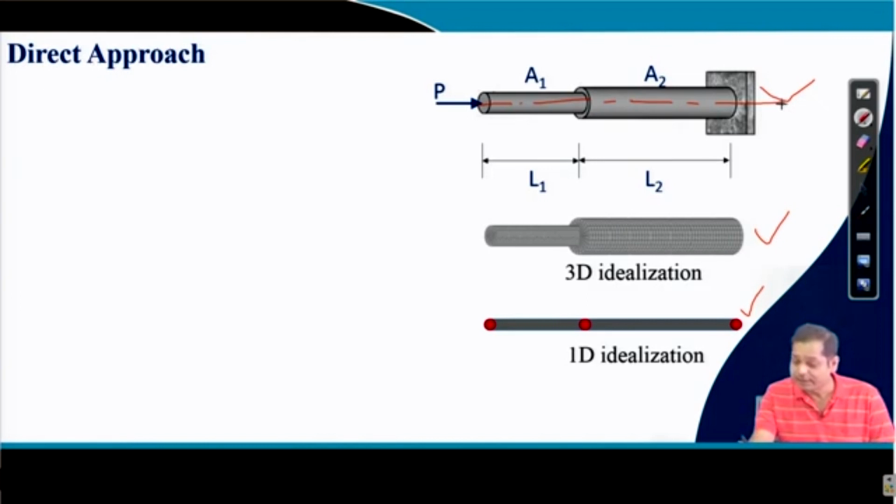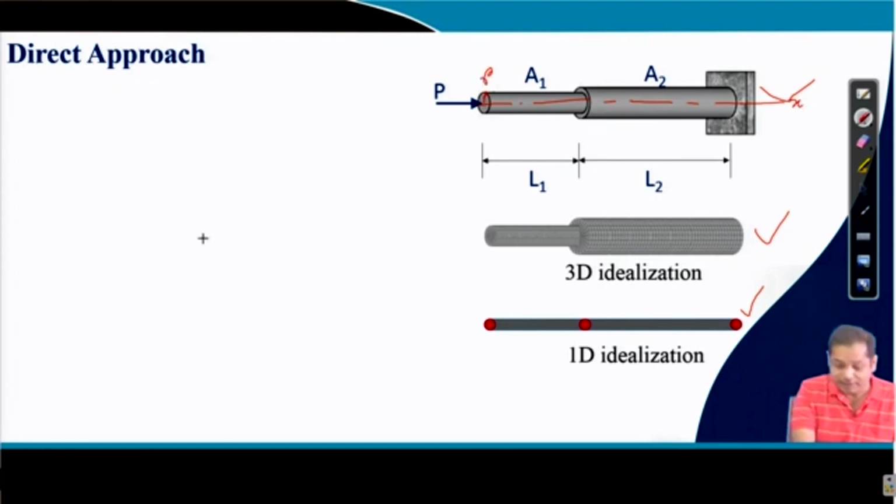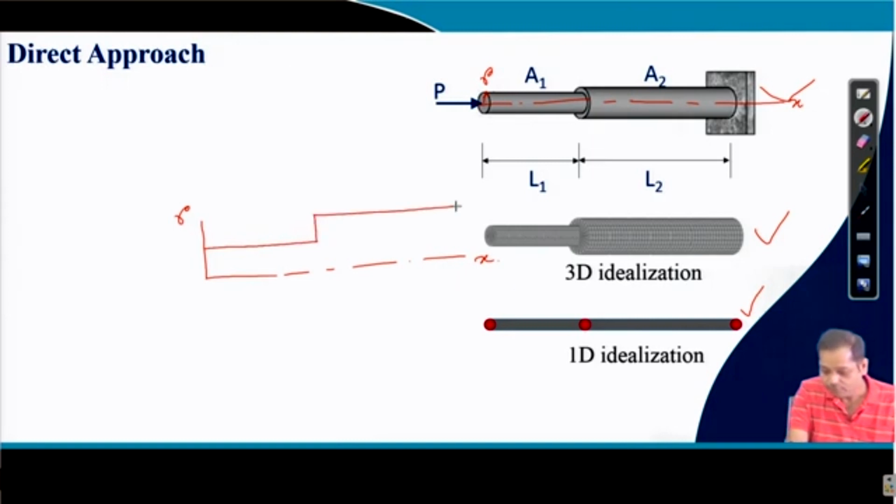In this case, suppose the longitudinal axis is x, and this direction is the r direction. So, this is another idealization you can do. This is your x and this is your r direction, and this idealization will be this. So, this is your model and it is subjected to a distributed load like this.